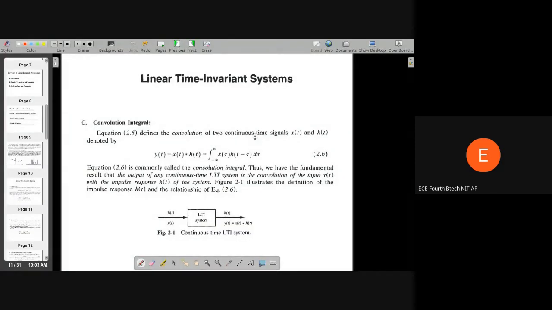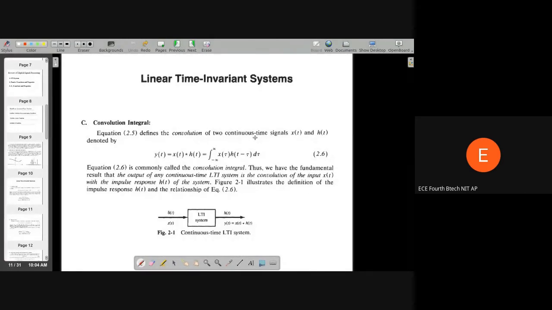So let's start then. What we discussed in the last class was the importance of linear time invariant systems, and what the Fourier transform does.